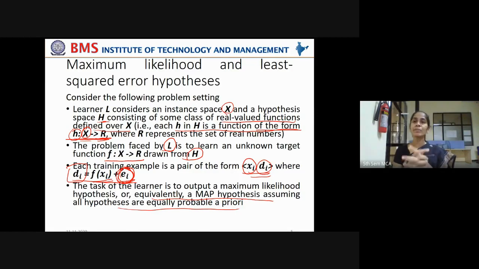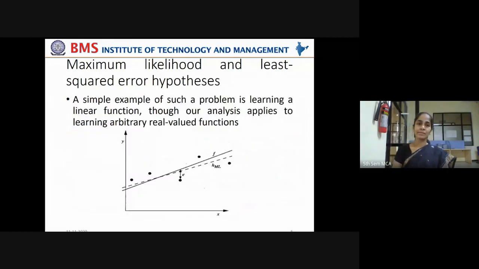A priori means beforehand we don't have knowledge about the prior probability of any of these target functions. In that case, let us assign equal probability to all and see which linear function will have the highest probability. Select that as your maximum a posteriori hypothesis.